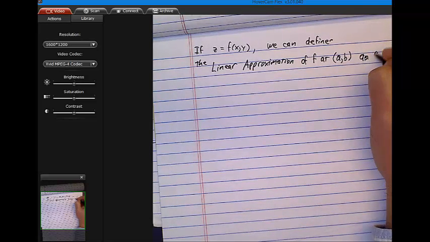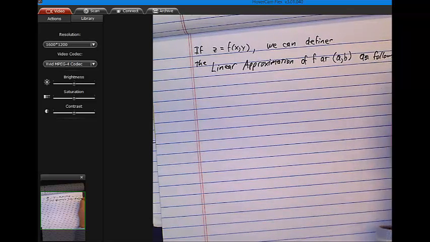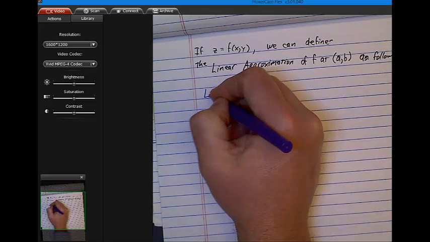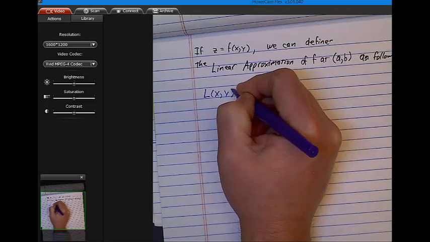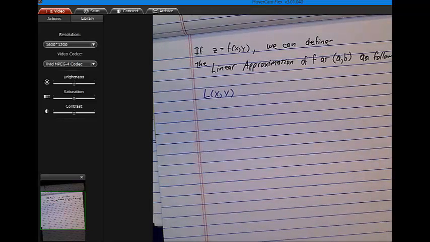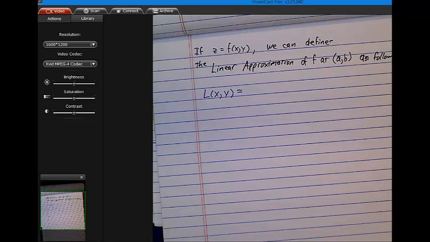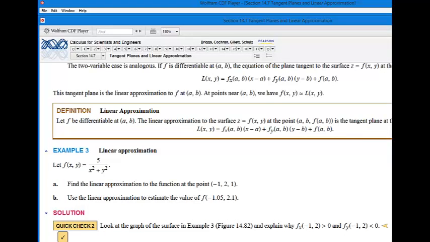So, just like in Calc 1 where we had L of x, we're going to have L of xy. So this is going to be a tangent plane, just like in Calc 1 we had a tangent line. And now we know what tangent planes ought to look like. It's basically a gradient dotted with this x minus a, y minus b, right? So if you look at what we have, there's the x minus a and the y minus b.